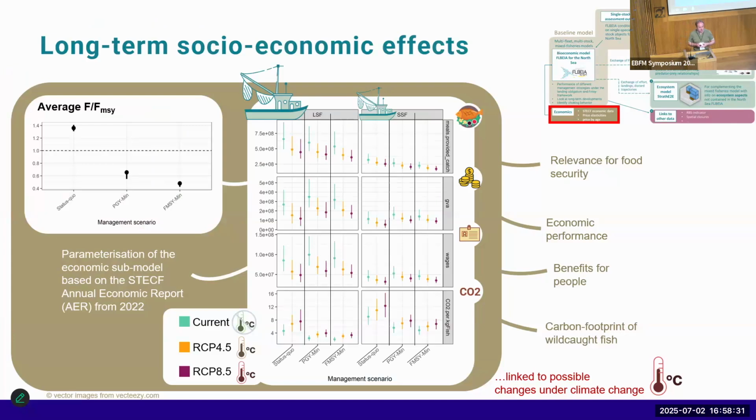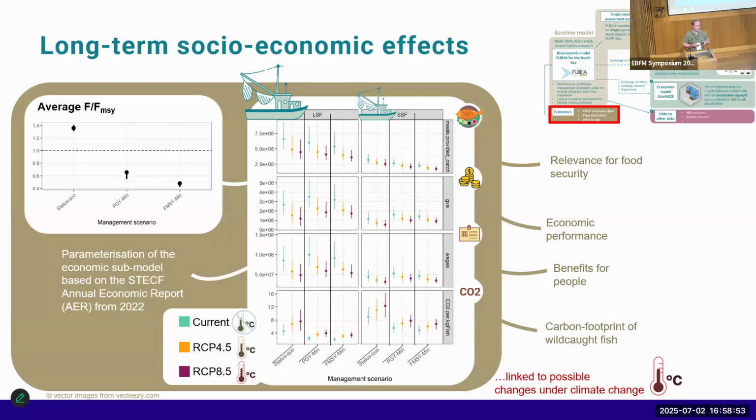So last but not least, the long-term socioeconomic impacts. As I said, under PGY-min and FMSY-min, we have fish stocks well below FMSY. So does it matter? Well, it has some relevance for food security because we lose catches, as I already said. This is compared to the status quo scenario.